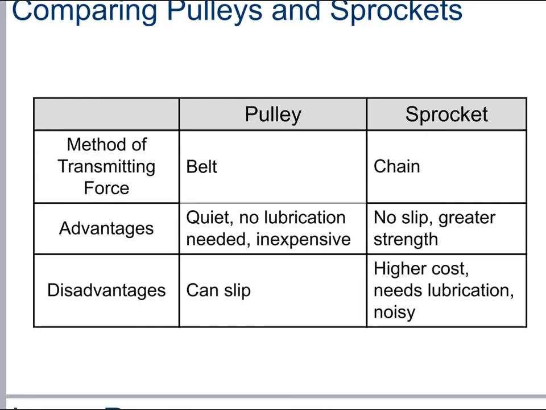Some advantages of using a pulley system include it's quiet, no lubrication is needed, and it's relatively inexpensive. An advantage of using a sprocket system would be that there's no slippage and there's usually greater strength. The disadvantage of using a pulley system is that it can slip, and with the chain and sprocket system, it's usually noisy, has a higher cost, and often requires lubrication.